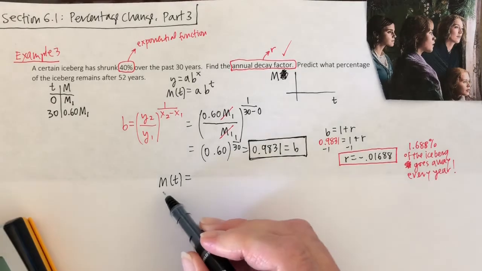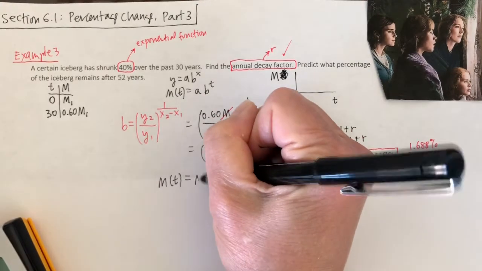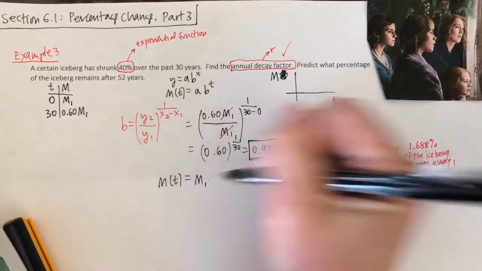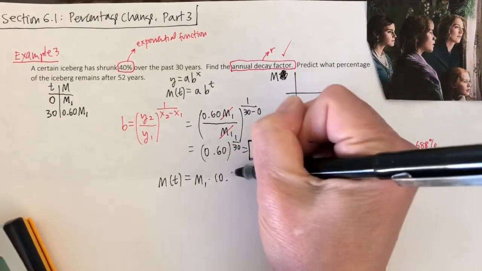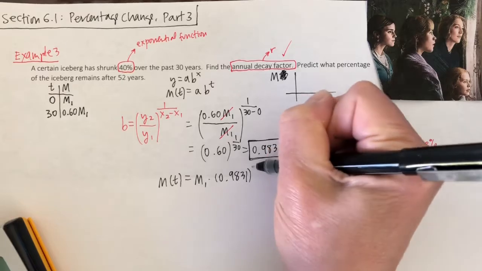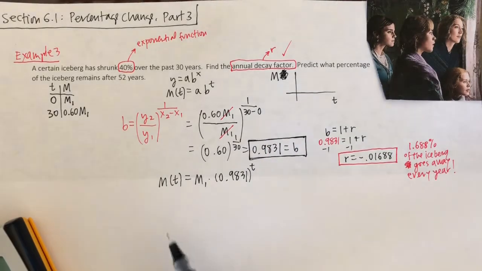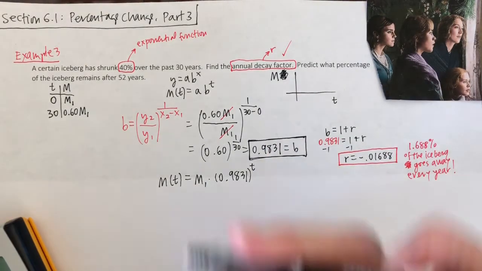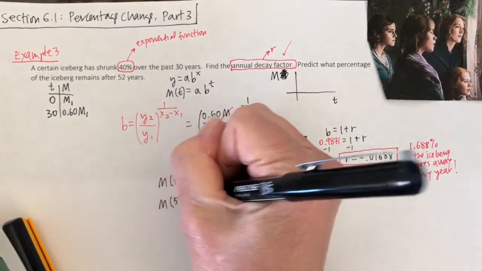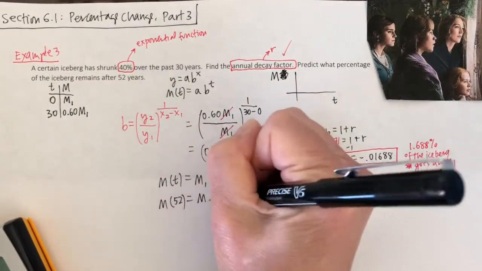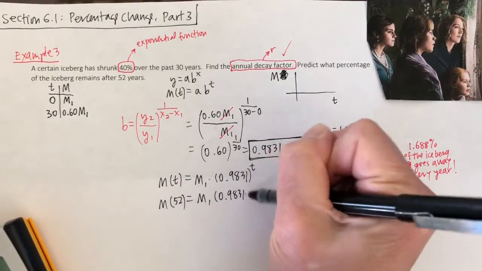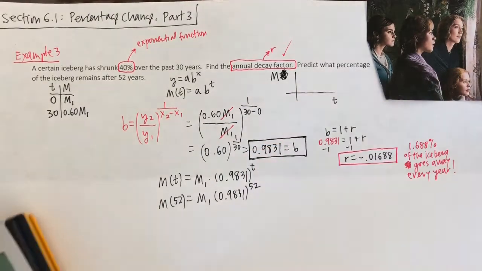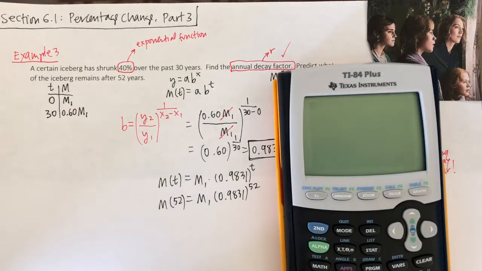The mass of the iceberg over time is the initial mass times our change factor, 0.9831 raised to the t power. After 52 years, I have M1 times the change factor raised to the 52nd power, 0.9831 to the 52nd.